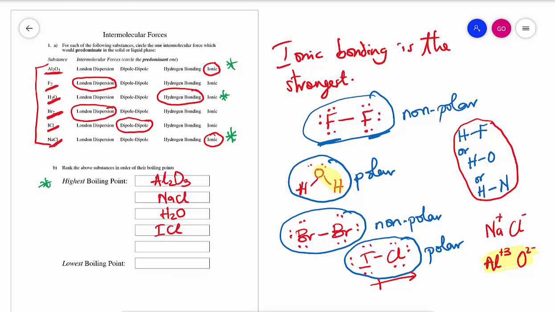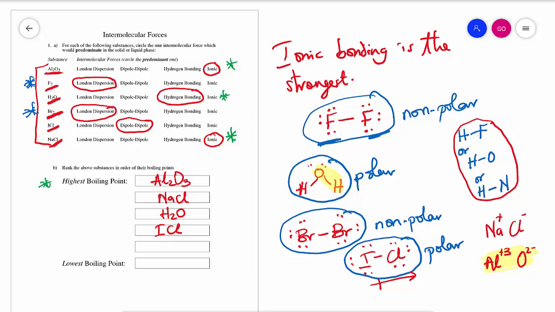Now again, we have two compounds here. We have F2 and Br2. Which one will have the higher boiling point and which one would have the lower boiling point? Remember that dispersion forces depend on molecular weight.